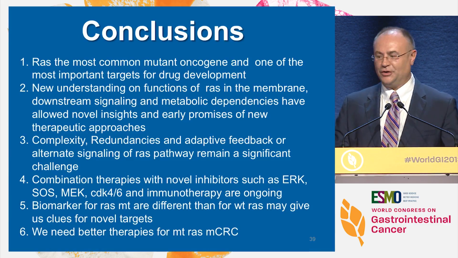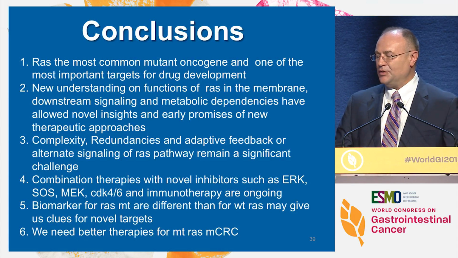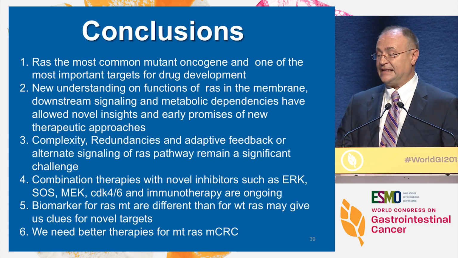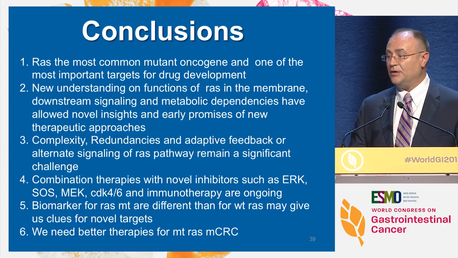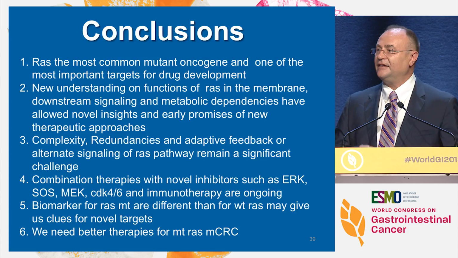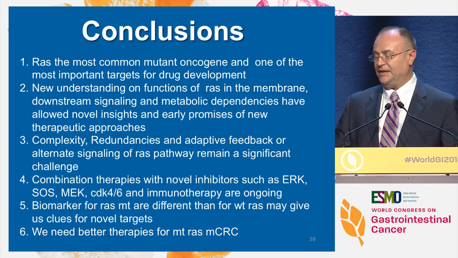And here comes my conclusion. RAS is the most common mutant oncogene and one of the most important targets we need to really be successful. New understanding of functions of RAS in the membrane, downstream signaling, and the metabolic dependency will allow us to develop new successful treatments.